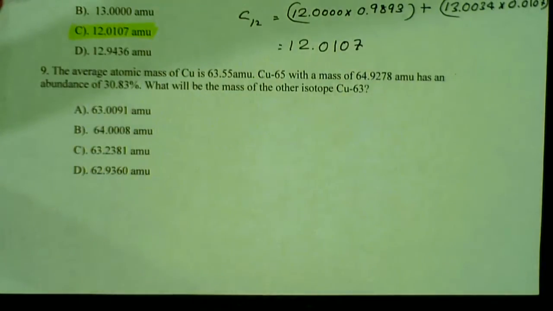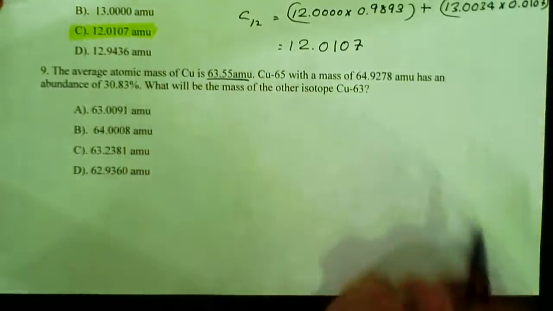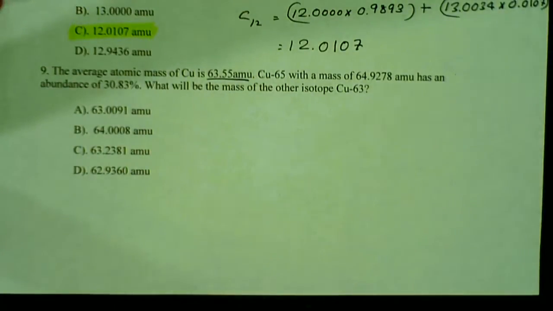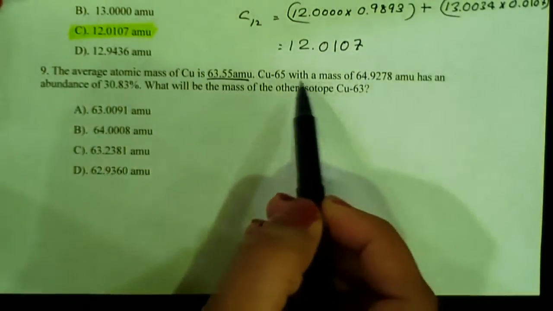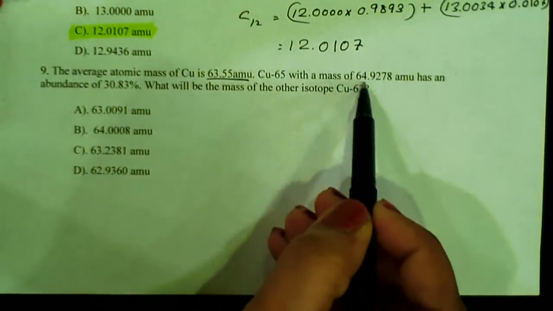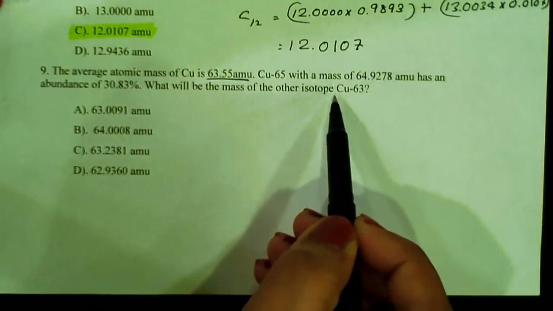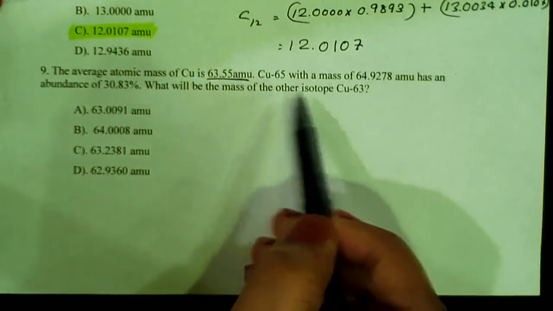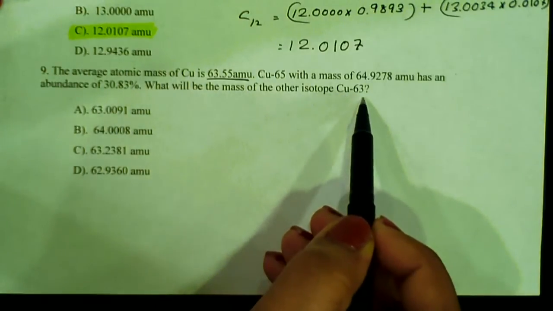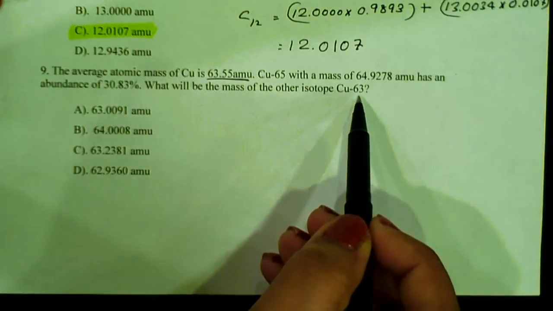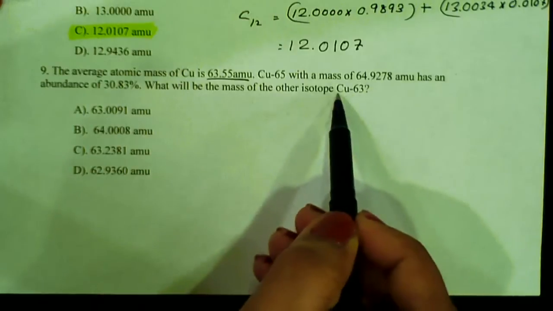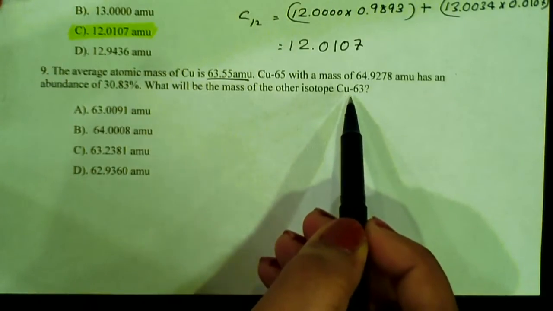So you have the average mass of copper, which is 63.55 AMU, and the atomic mass of one of the isotopes, copper 65 with 64.9278 AMU, and you just need the other isotope, copper 63. The question is to figure out the mass of copper 63.